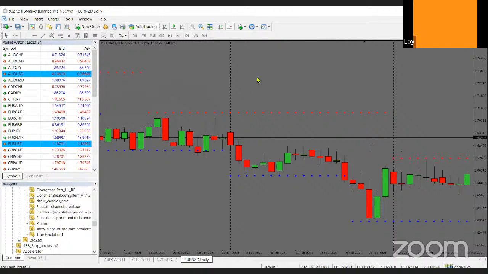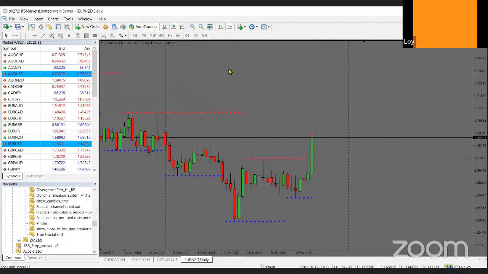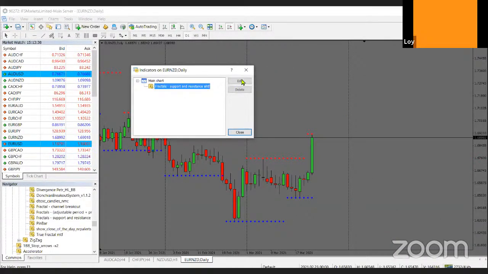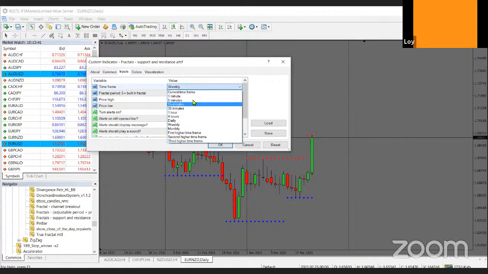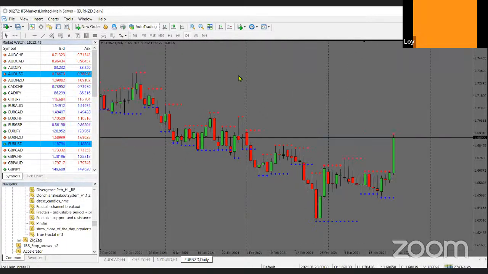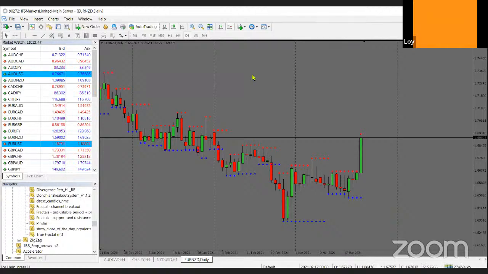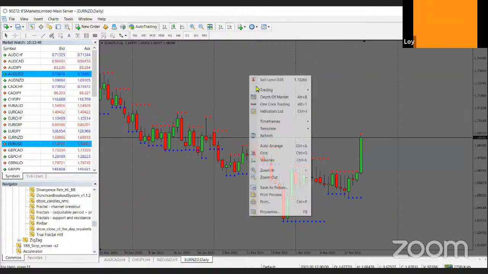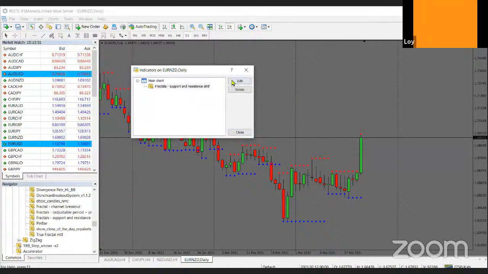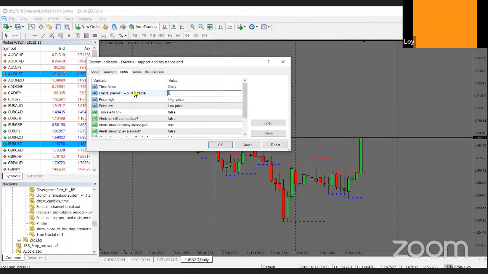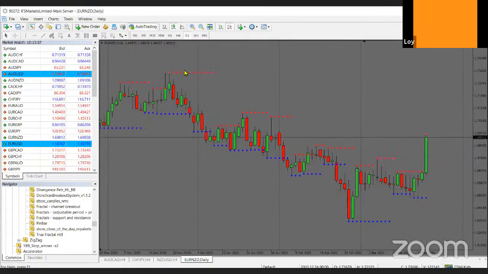Okay, now the first one, which is actually the easiest to me. Let me go back to daily. I'll use H4 to present. The first way to use fractal is simply just to trade the retest. So if you have an established trend, to me this is an established downtrend.